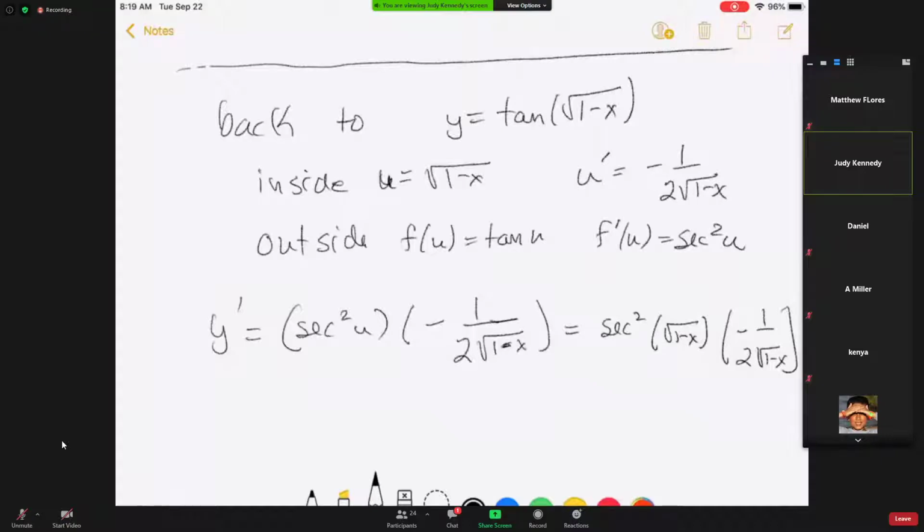I guess I could write that in a somewhat simpler form: minus the secant squared of the square root of 1 minus x, over 2 times the square root of 1 minus x.